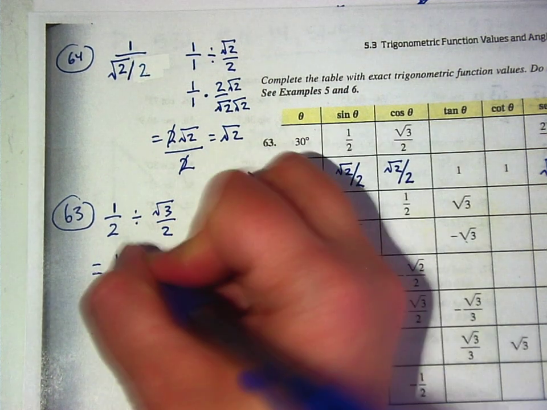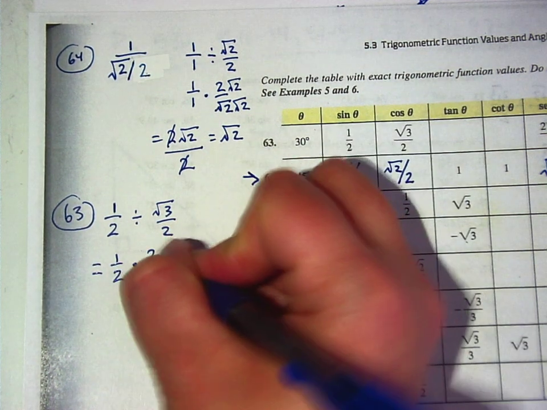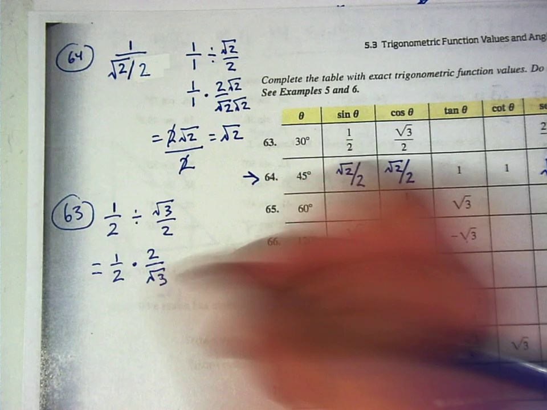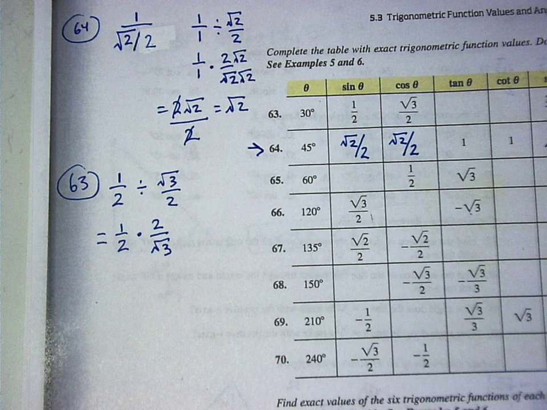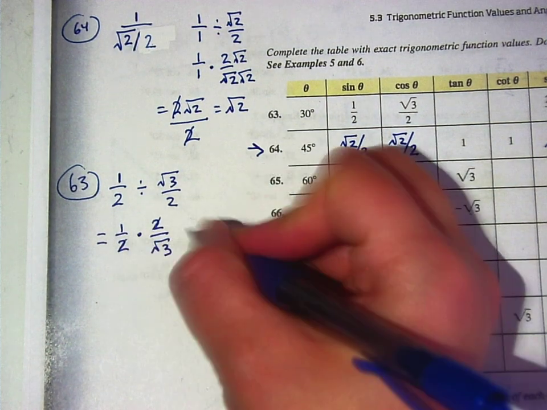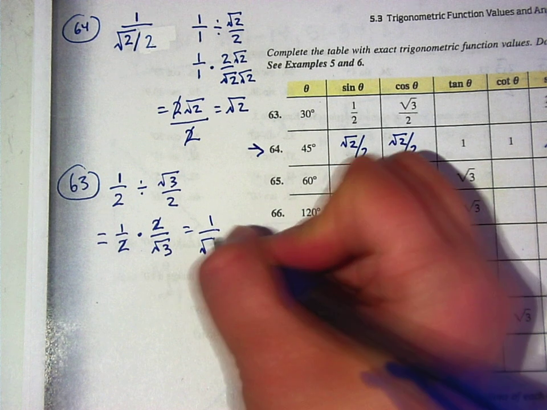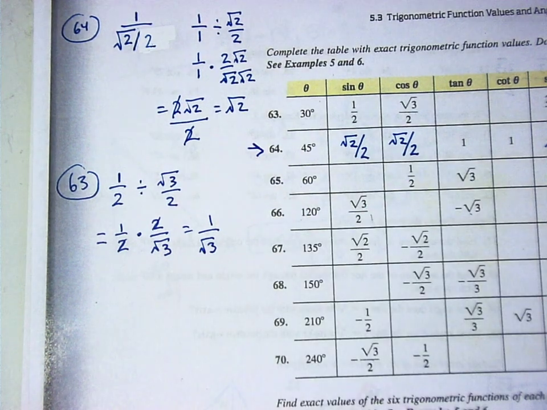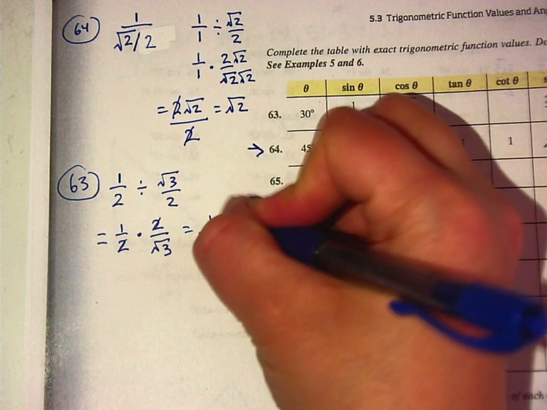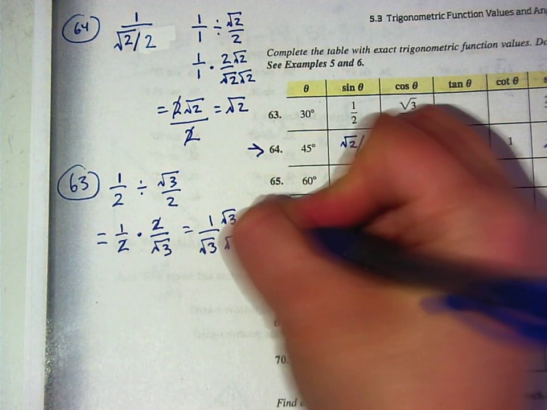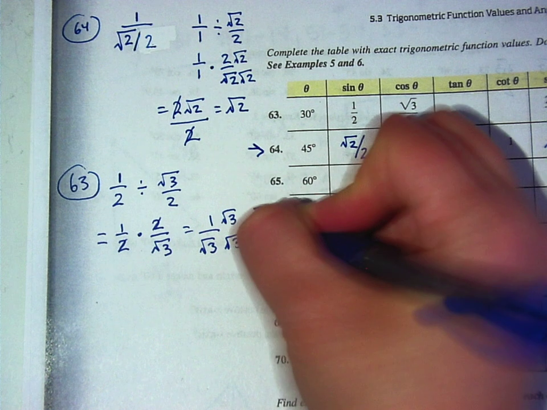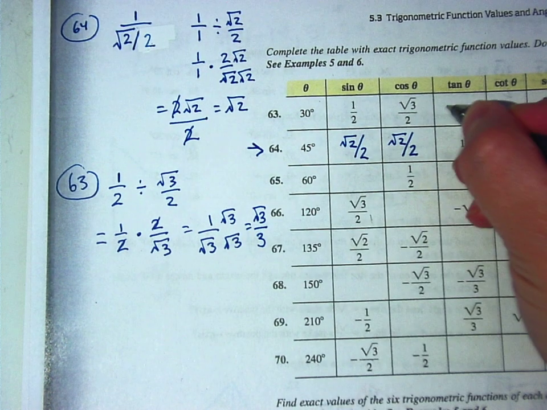Which means I can just flip it, so times 2 over the square root of 3. I'm going to cancel out those 2's, and that's 1 over the square root of 3. But I can't have a square root on the bottom, so I've got to rationalize the denominator. By doing what? Square root of 3 over the square root of 3. This turns into the square root of 3 over 3 as my final answer.